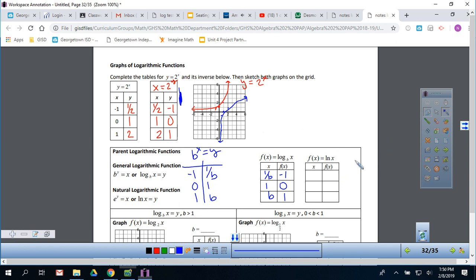We have one for natural log. Again, I'm going to do a table. Since this has a base of e, I'm going to get e to the x equals y first, and get that column, and then just flip the table.